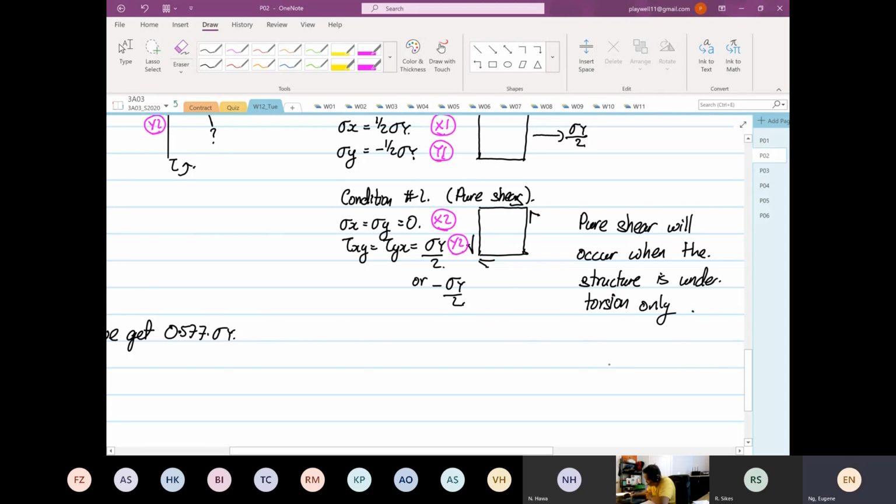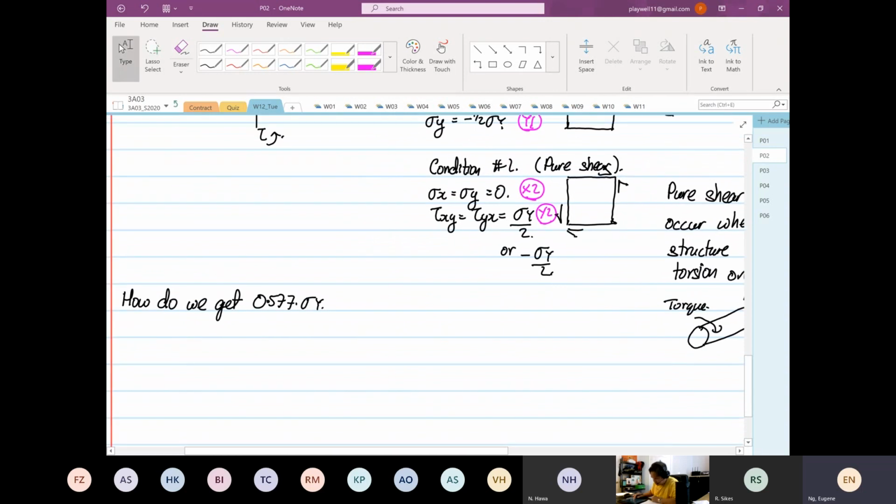What do I mean by torsion only? You have a structure over here, and this structure is under a torque. So you apply a pure torque, a twisting. No normal stress, no bending stress, just a pure torsion.